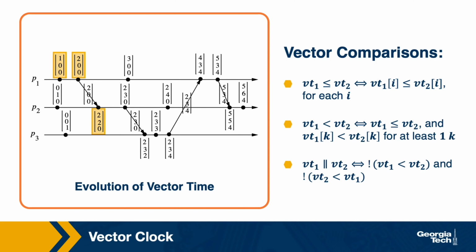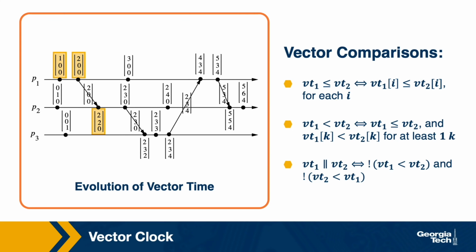If we compare this timestamp to the previous timestamp, each of the elements in this timestamp is greater than or equal to the elements in this timestamp, and there's at least one element that's strictly greater. Let's formally specify how to compare vectors. Vector time vt1 is less than or equal to vector time vt2 if each of its elements is less than or equal to the corresponding element in vt2.